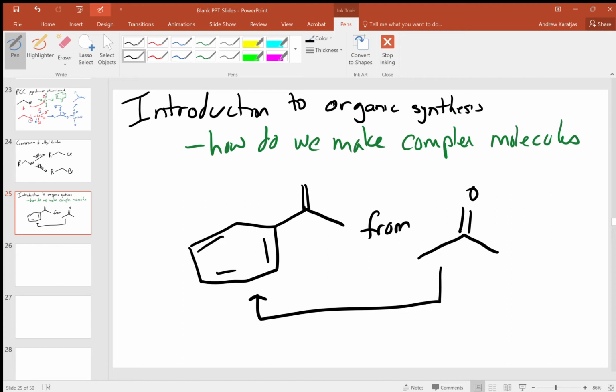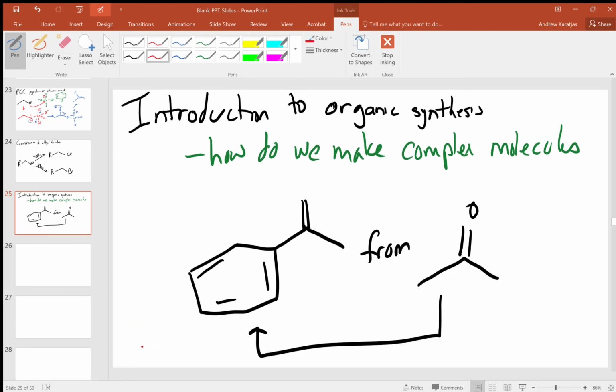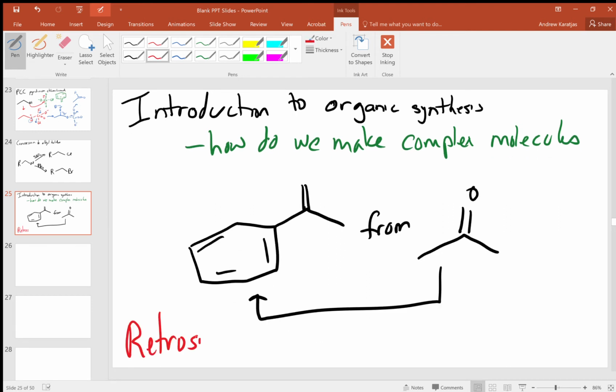But ultimately, what we do as chemists is it makes more sense and it's a lot easier to work backwards, or use what we call retrosynthetic analysis. Retrosynthetic analysis is the process of starting with the product and working our way back to the starting material.